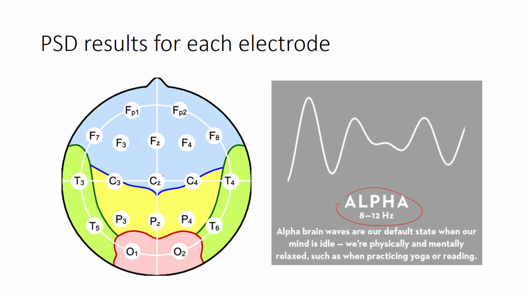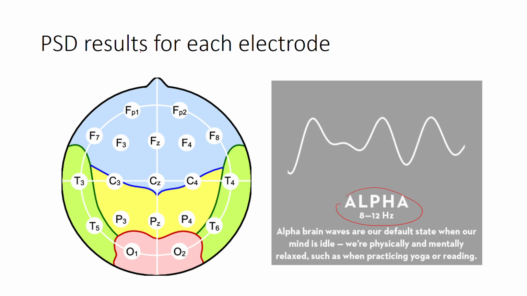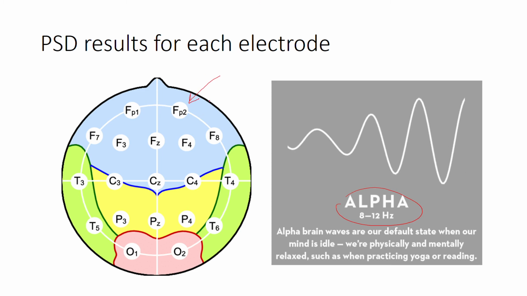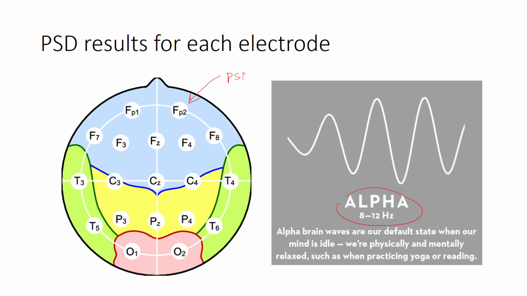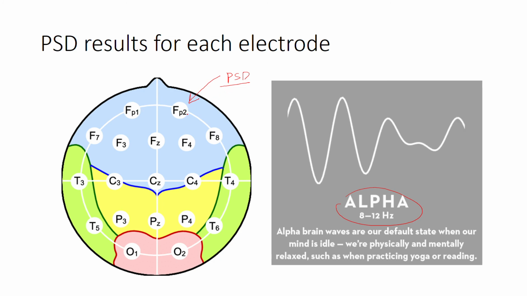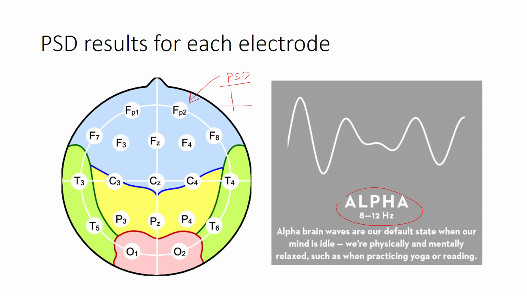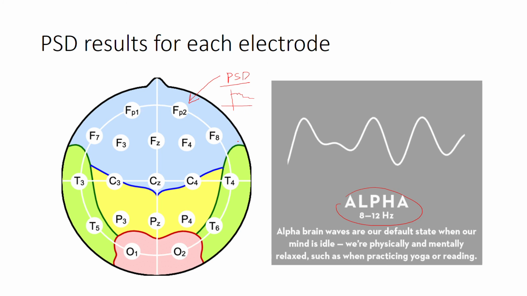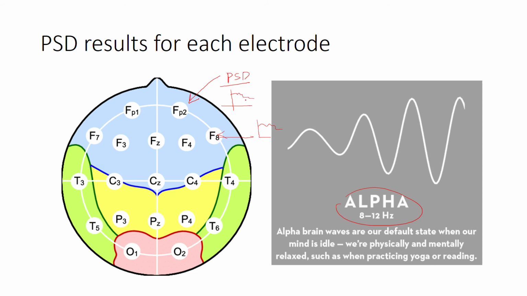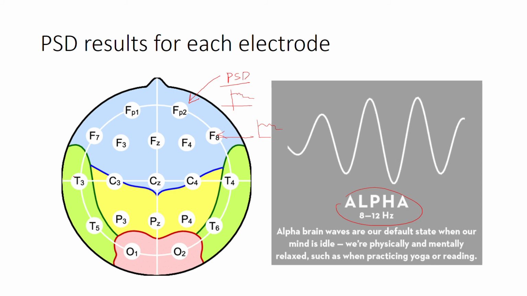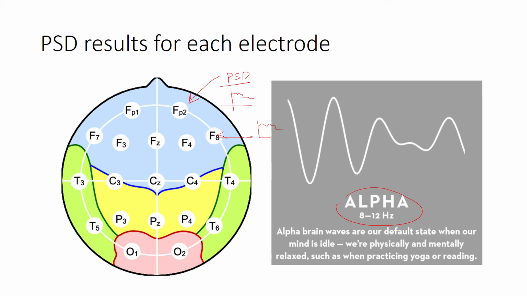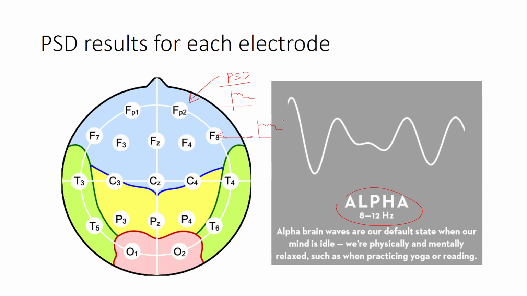So at the end, the homework will be that for each electrode, you determine the power spectrum density, and then identify in which electrodes you notice the highest delta, the highest alpha, or the highest beta.